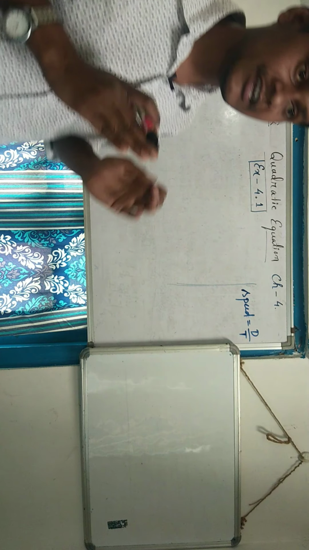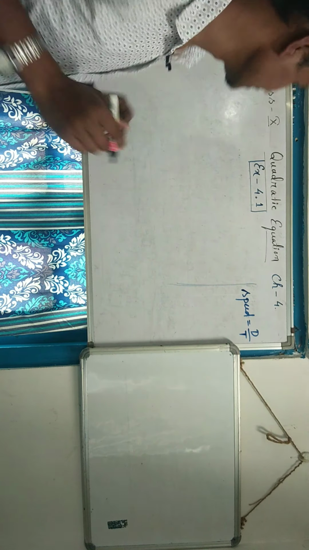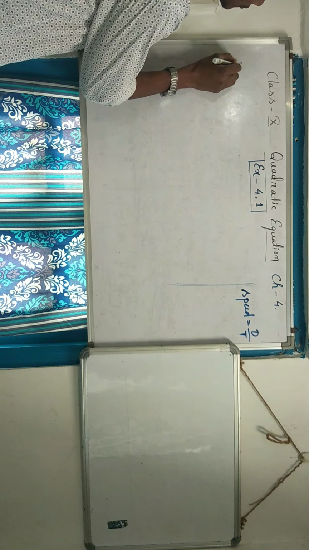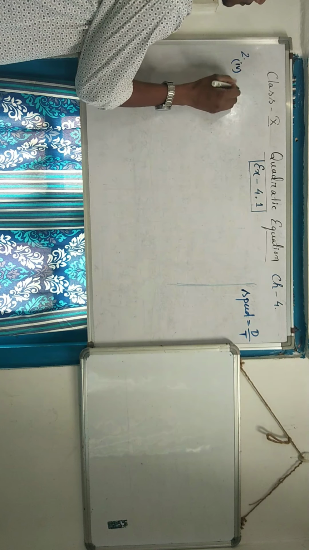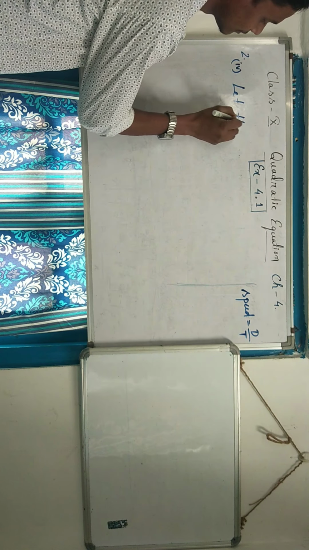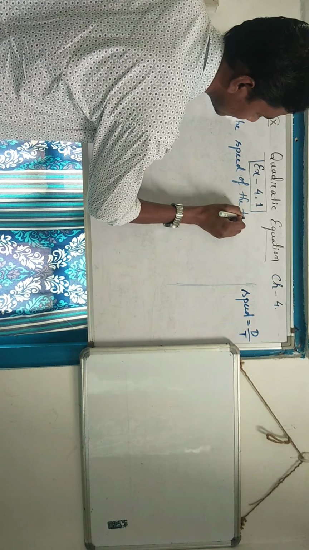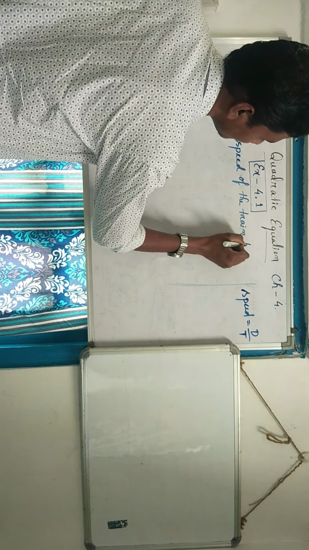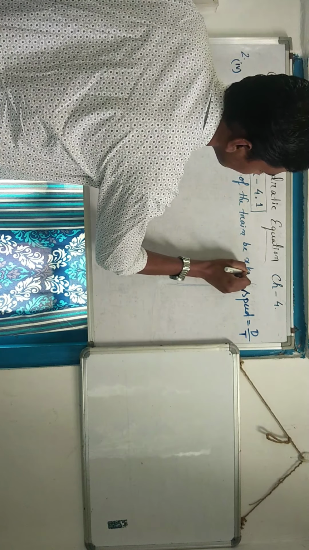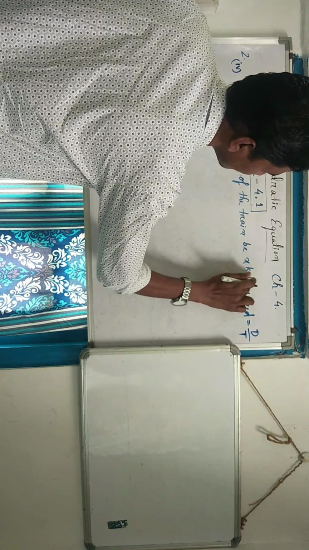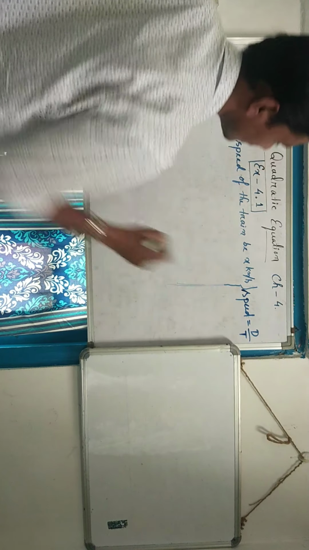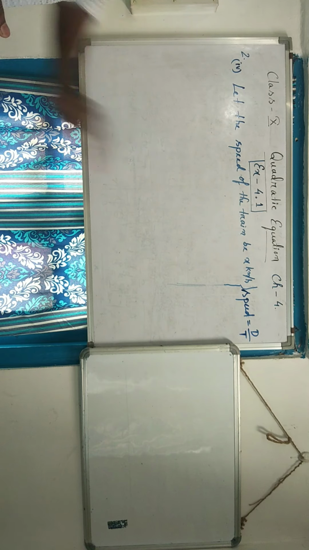So first thing we have to consider the speed. Let the speed of the train be x kilometer per hour.